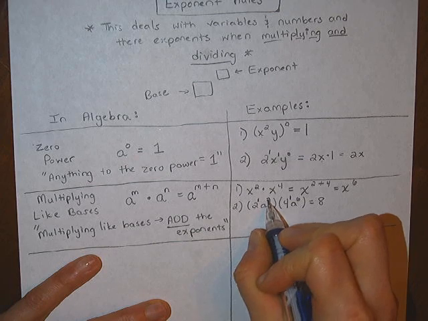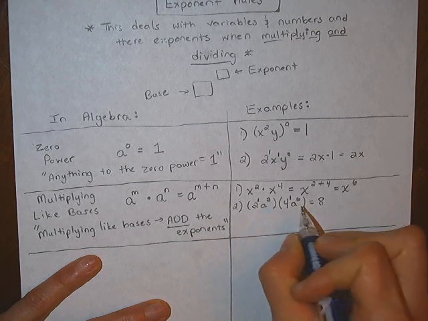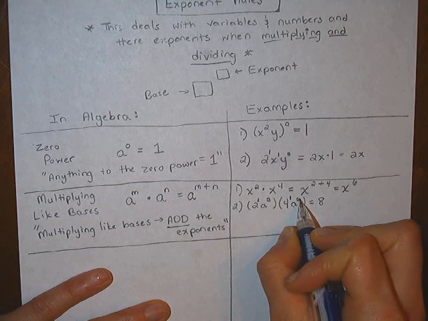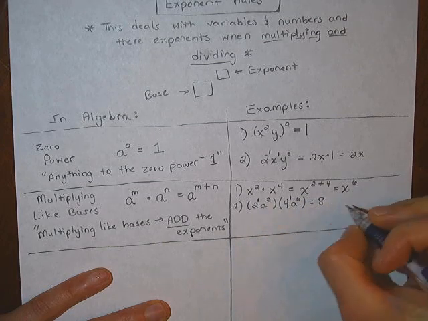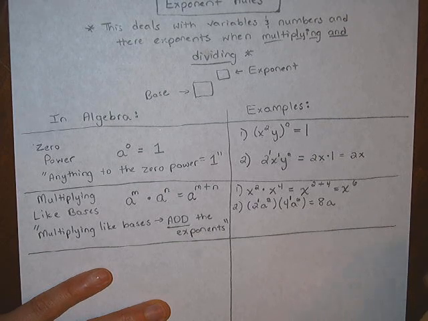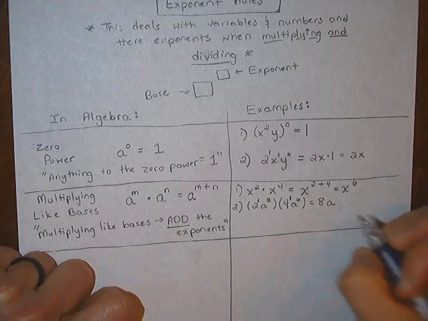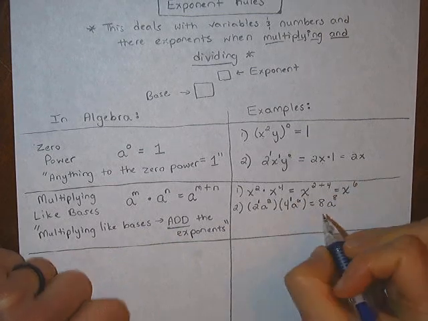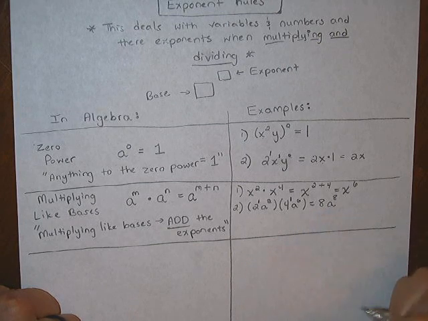And then now you've got a base, a variable with an exponent, and then the same base, the same variable, and an exponent that's with that, and you're multiplying them. So remember, like what we did with the x just a second ago, you keep the base the way it is, and then because you're multiplying, you add the exponents. So 2 plus 6 would be 8. So altogether we get 8a to the 8th power.